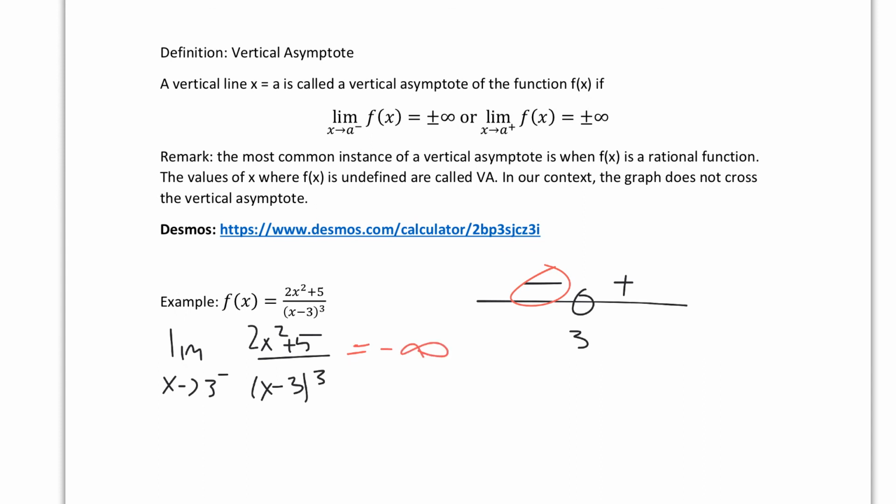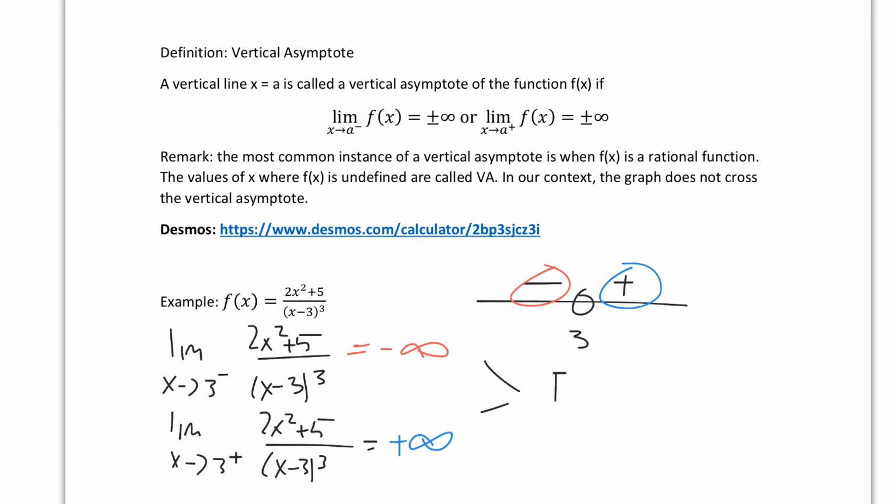Then I'm also going to do the limit as x approaches 3 from the right of 2x squared plus 5 over x minus 3 cubed. And looking at the sign diagram over here, that's going to give me positive infinity. And so this tells me that I have a vertical asymptote at x equal to 3.